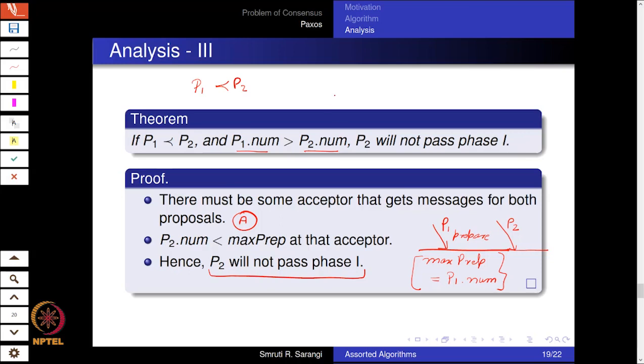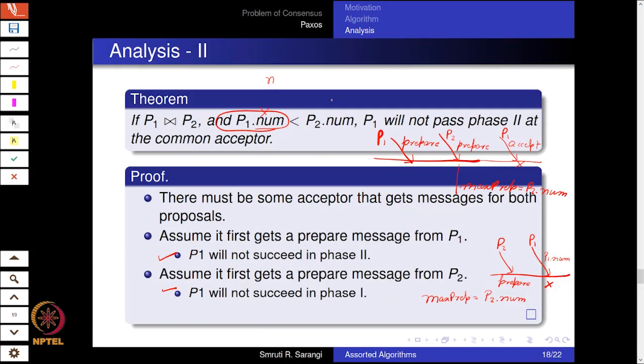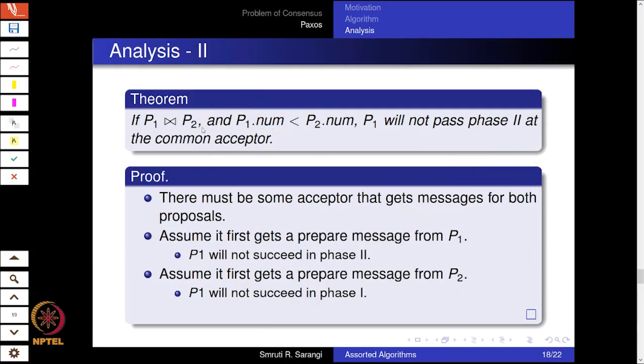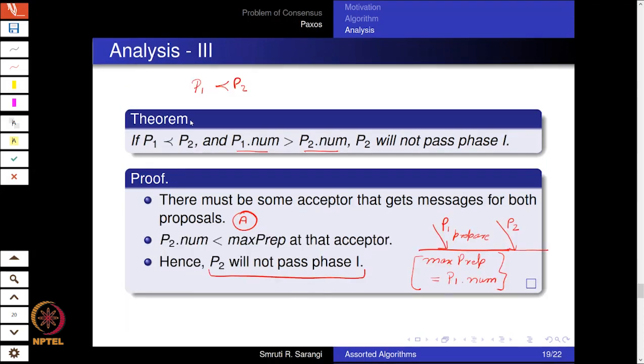What they essentially say over here is that for two concurrent proposals, the one with the lower number is going to fail. And if proposal P1 precedes proposal P2, then again, if P2 has a lower number, it's going to fail.